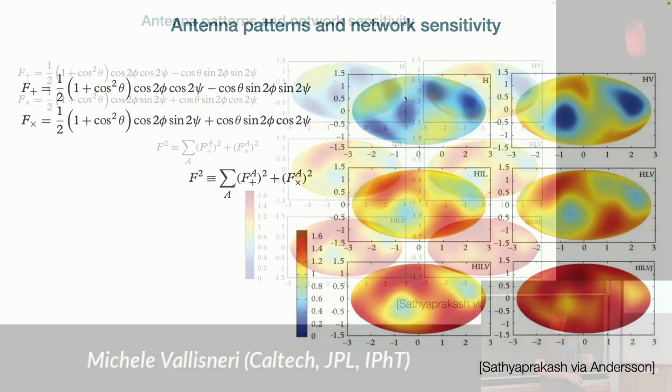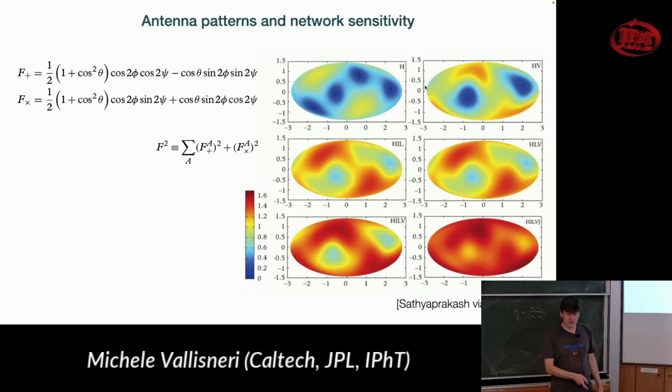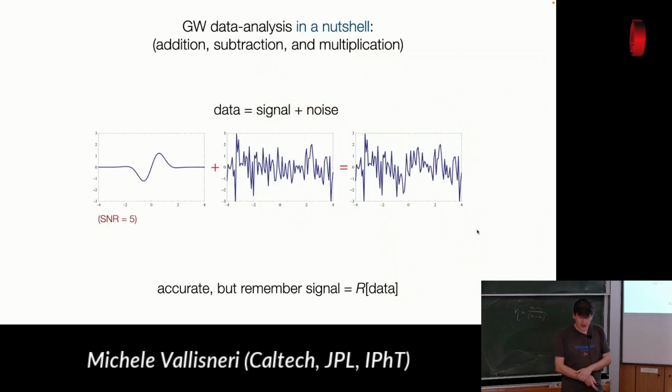Hanford and Livingston give you some holes, some nulls in the sky. If you have Virgo, you do better, but you still have a factor of, well, maybe 10 between good directions and so on. If you start adding, let's see, what I is India, like go India, or you add the Japanese detector here somewhere, you can basically get optimal sensitivity across the sky. Okay.